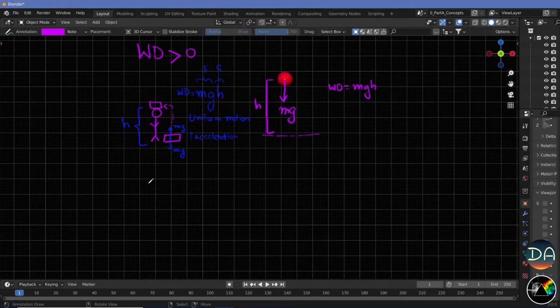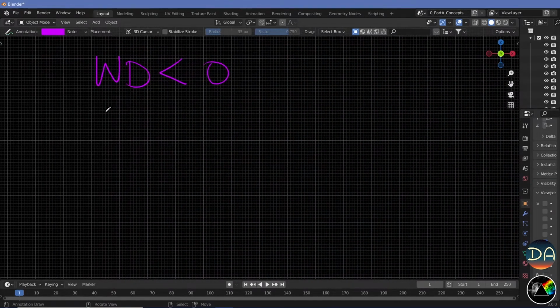Lastly, let's take a look at when work done is negative or less than 0. For this situation, the cosine of theta has to be less than 0, which means negative. Now, to be honest, this occurs when theta is greater than 90 degrees and less than 270 degrees.